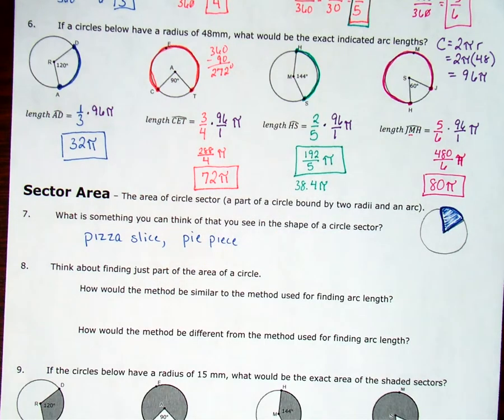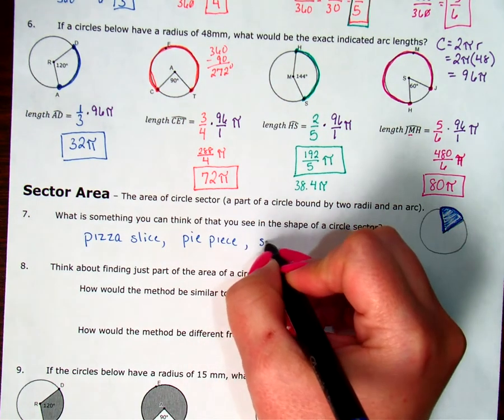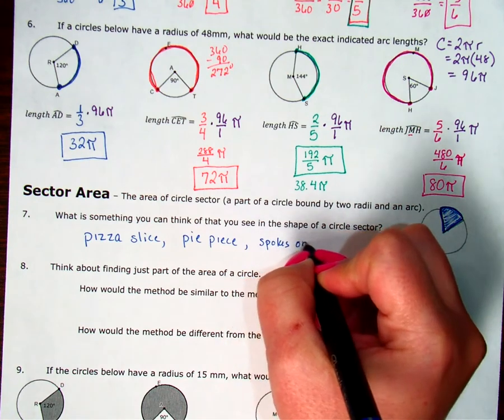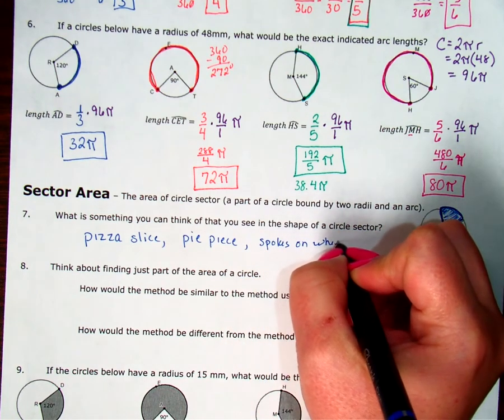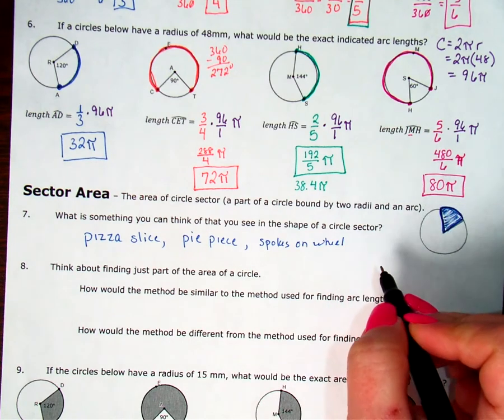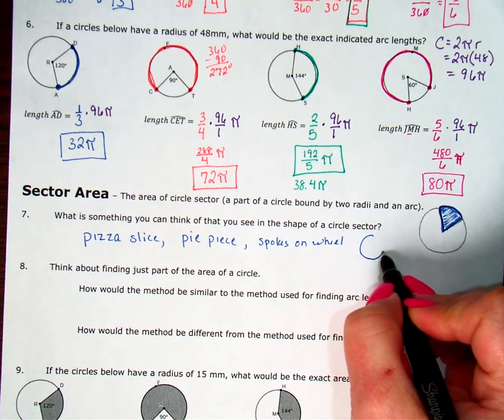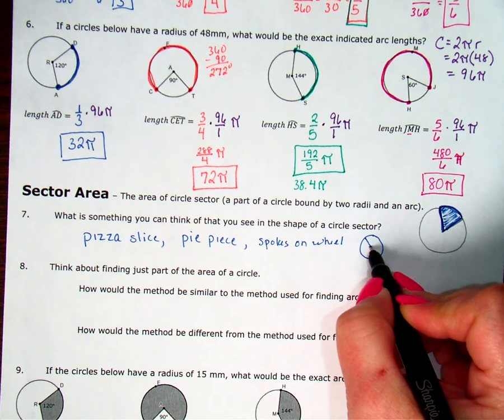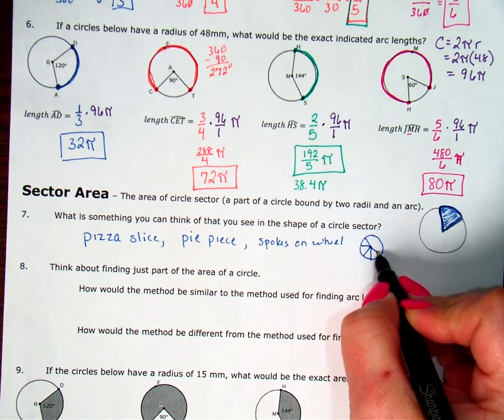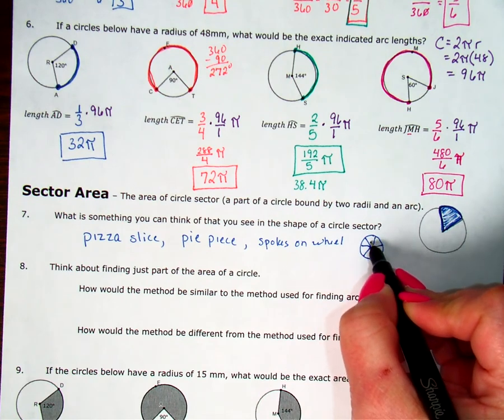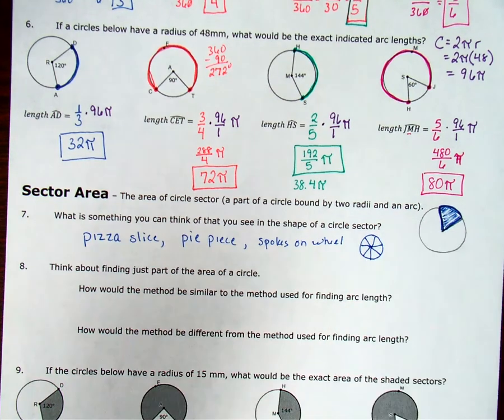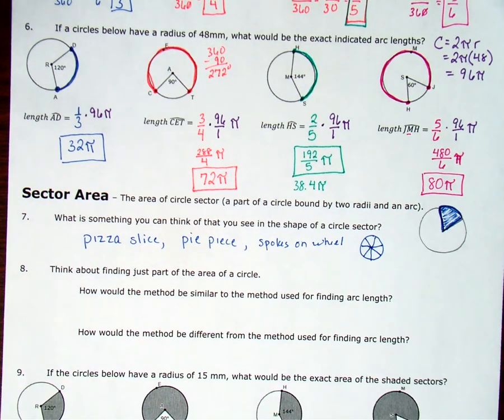Or when you're playing Trivial Pursuit, you have the little pie pieces. Or the spokes on a wheel will create a circle sector. If you have your bicycle with all your spokes, or your car tire, it creates all these little sectors. Or Wheel of Fortune: if you've ever watched it and they land on some of those, they get to pick up the little wedge. That's a circle sector.